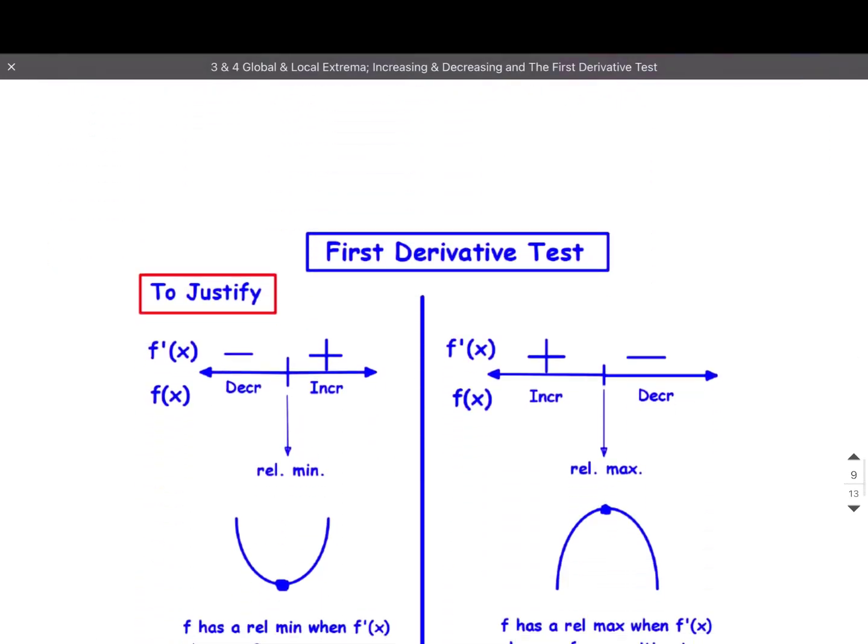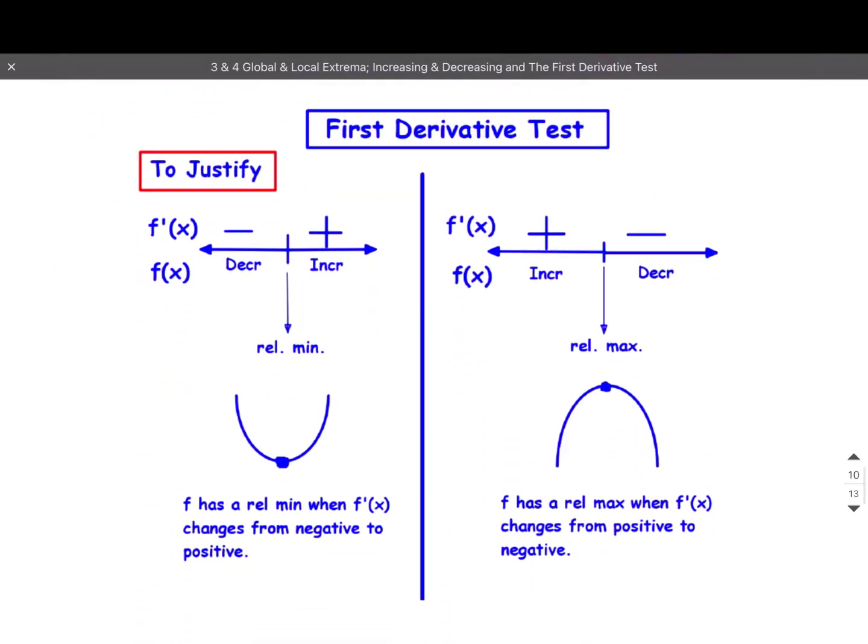So for the first derivative test, when you need to justify this, we need to make a number line. Make sure this is labeled. You must label your work, okay? I am labeling the top as the derivative, so I am saying that the derivative is negative and then the derivative is positive. On the bottom, I'm talking about f of x, so if my derivative is negative, my function is decreasing.